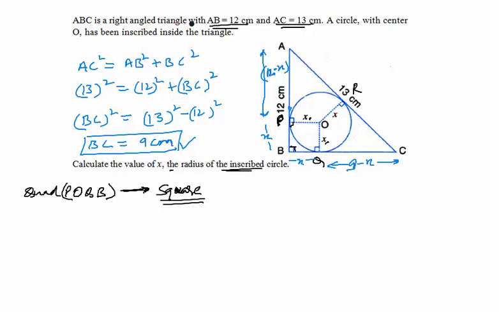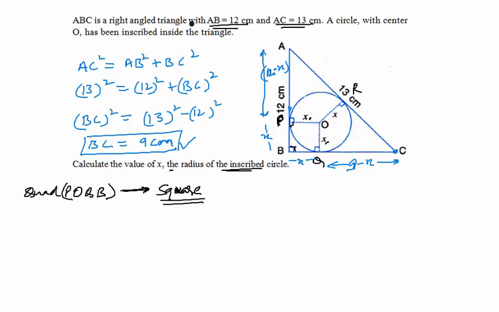Now we are going to use the property of tangency. Look at this circle and point C. At point C, you can see two different lines originating, and these lines are tangent to the given circle, which means that the sides BC and CA are tangents.